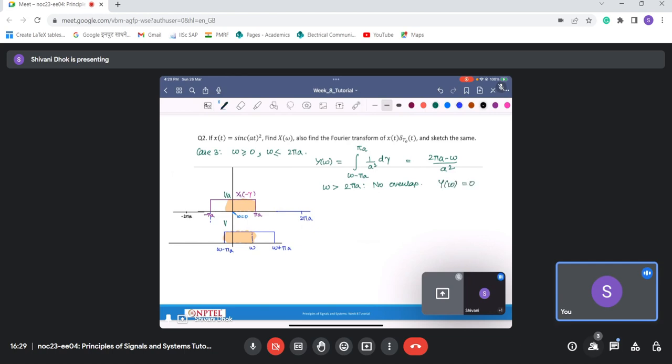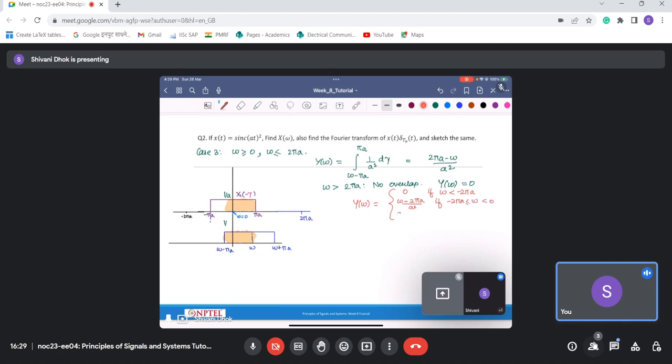So if we summarize it, this y of omega is equal to 0 if omega is less than minus 2 pi a. It takes the value omega plus 2 pi a by a square if minus 2 pi a is less than or equal to omega less than 0.